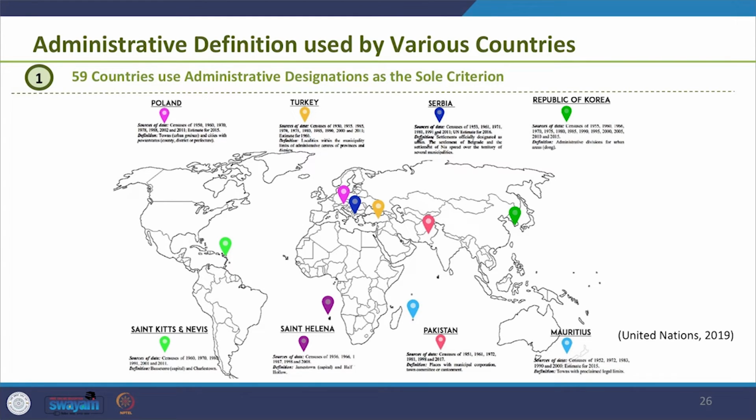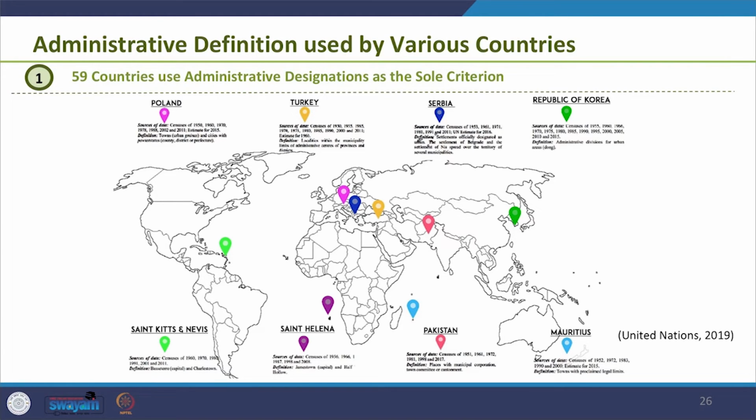So we saw that in India we use four criteria, two categories. Here, 59 countries use just the first category, the administrative designation, as a criterion for identifying the urban areas.